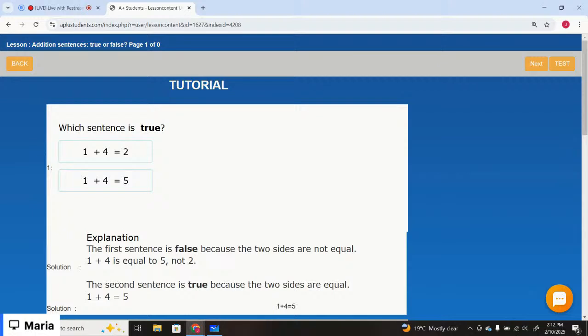Which sentence is true? 1 plus 4 equals 2 and 1 plus 4 equals 5. So let's just add to find the correct option. 1, 2, 3, 4 and 1, 5. So option 2 is the correct option. That is true. The first one is false.